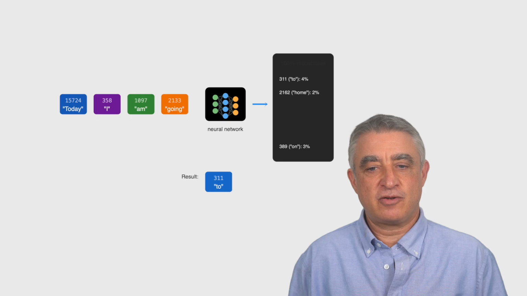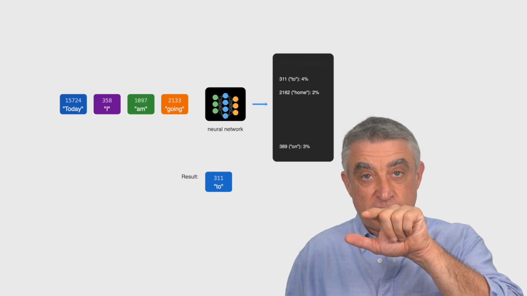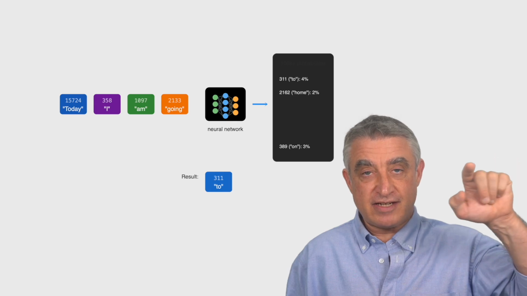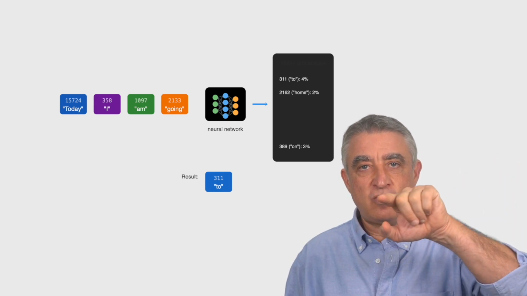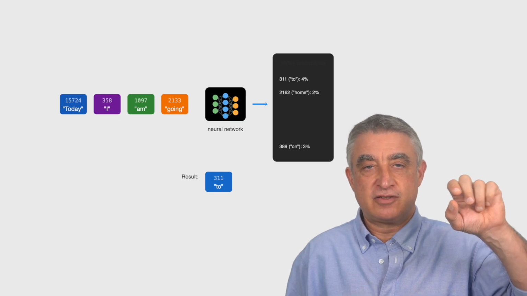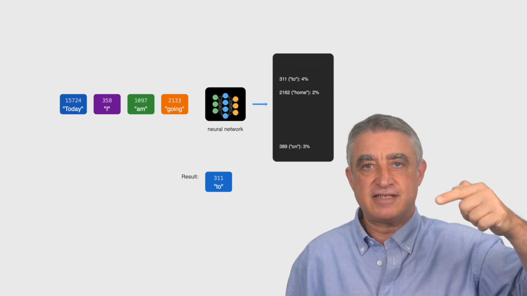And so the most probable one is 2. And so you look at the text again, and if that's the correct answer, then all of the numbers in the neural network that got it right are increased a little bit. If it got it wrong, those are all decreased a little bit, right?